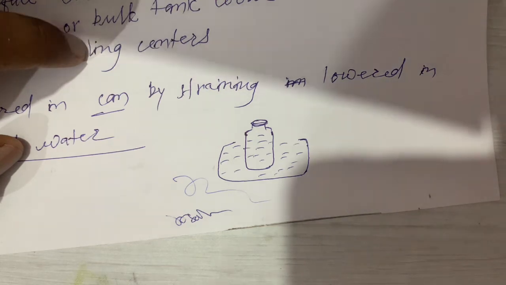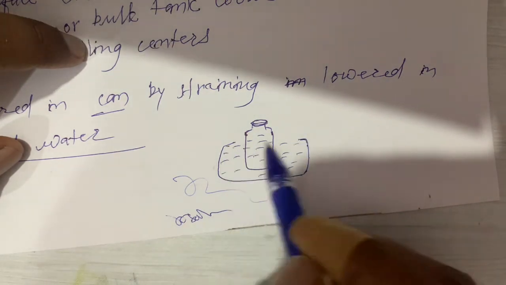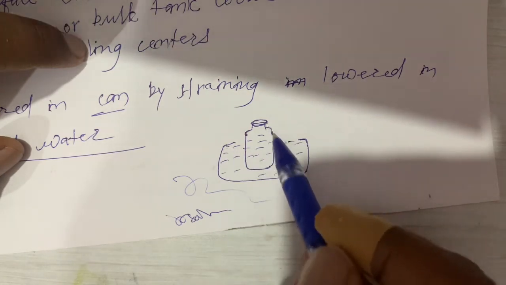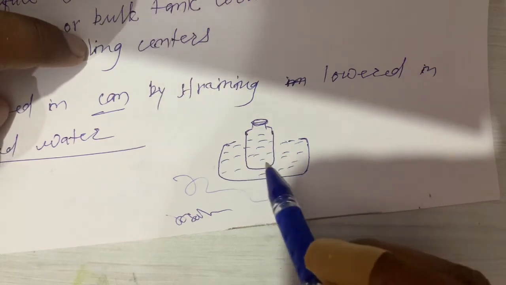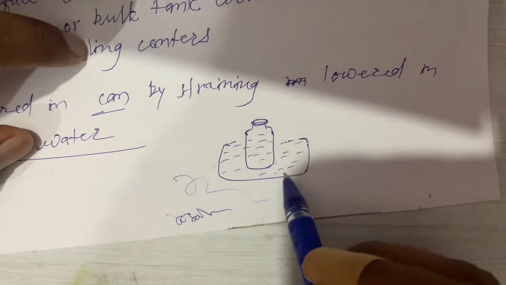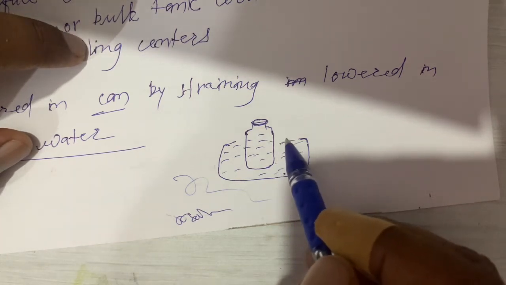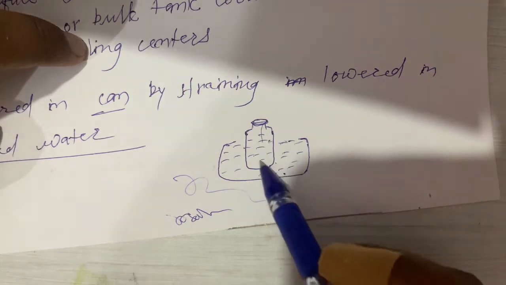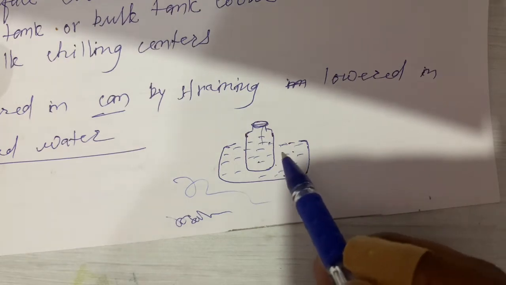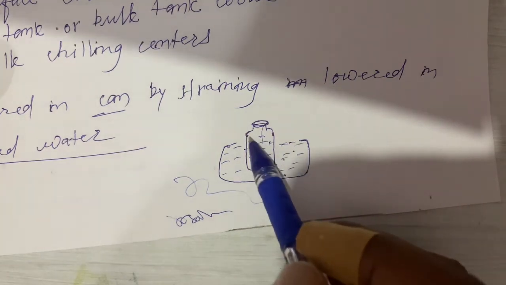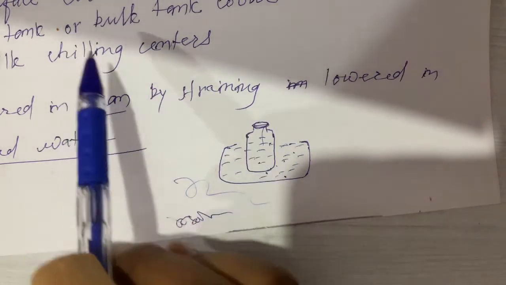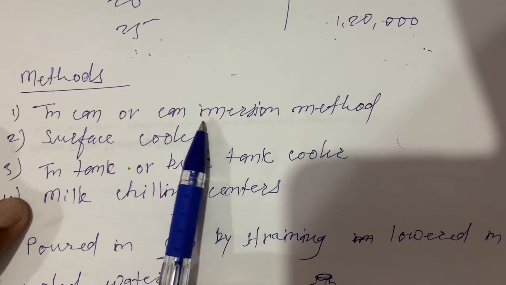Look at this level of cooled water, it is below the neck of this can. If the can is fully immersed in the water, then this water will get entry into the can. So we have to note that the water level must be lower than this neck level. Okay, so this is the first method, that is the in can or can immersion method.